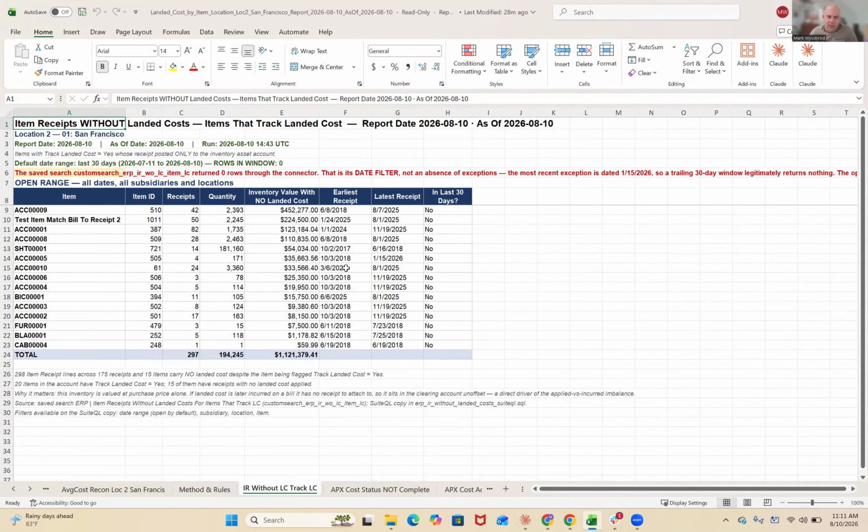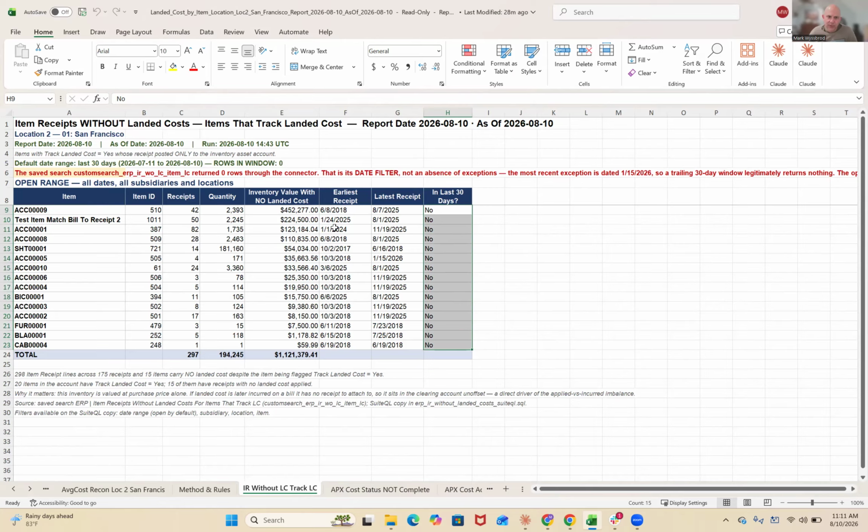AI could point it out. You'll see here's the item, then the number of receipts without landed costs, the quantity, and then the earliest and the latest date. Generally you just care about the last 30 days or so, to keep up with it.